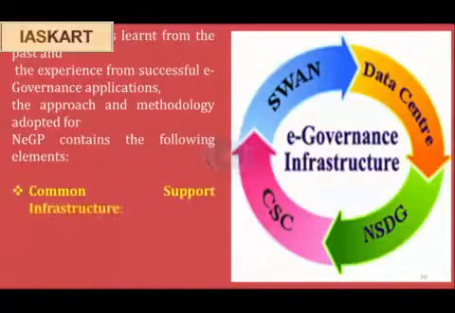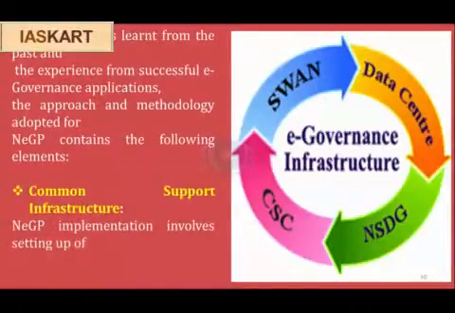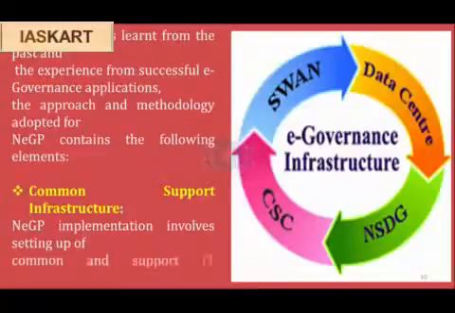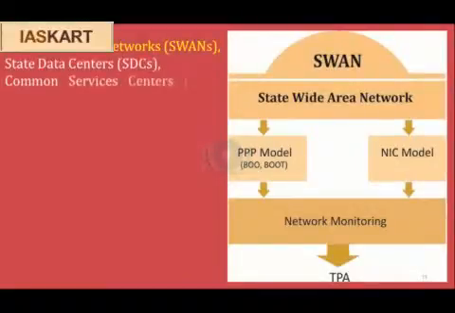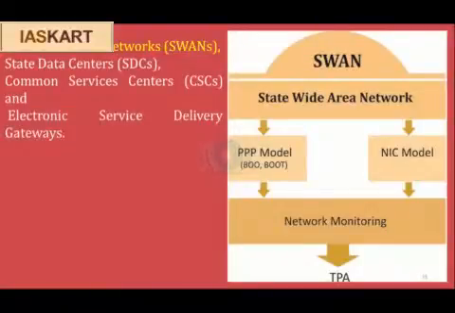To start with, common support infrastructure. Common support infrastructure is a basic thing, and the NEGP implementation involves setting up of a common support IT infrastructure such as statewide area networks, state data centers, common service centers, and electronic service delivery gateways.